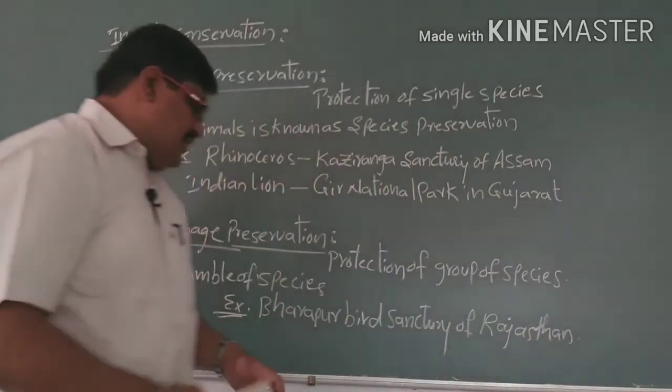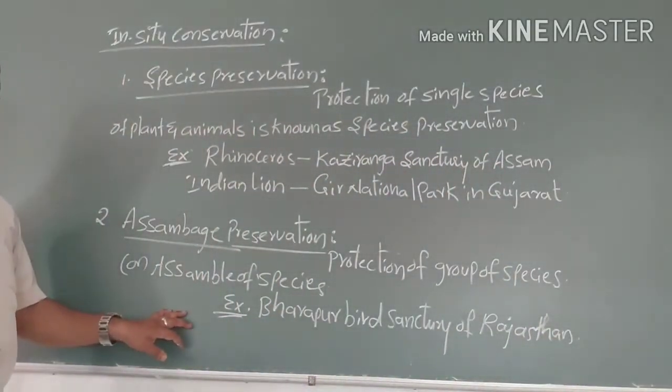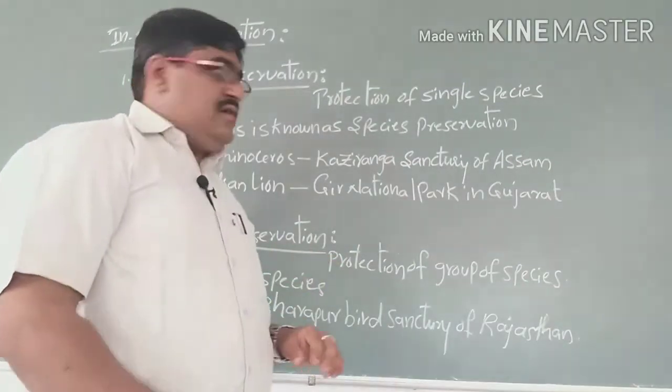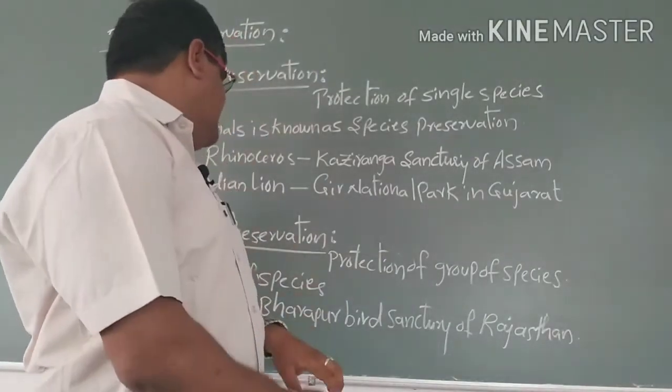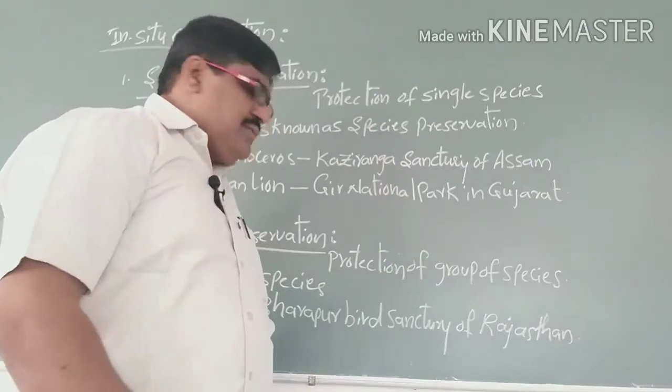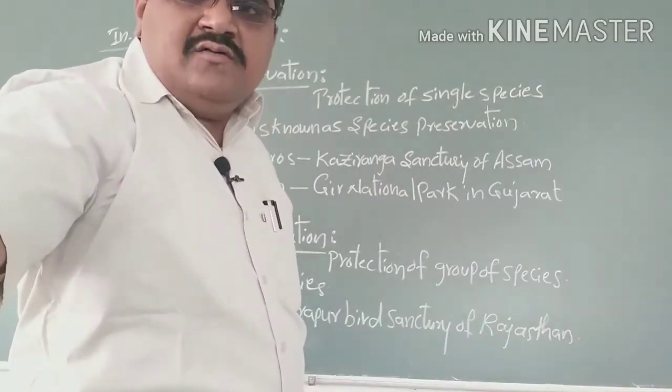Here it is helpful for the assembly of species to take place. This is the second one, where the first one is species preservation, the second is assemblage preservation, and the third one we will discuss.